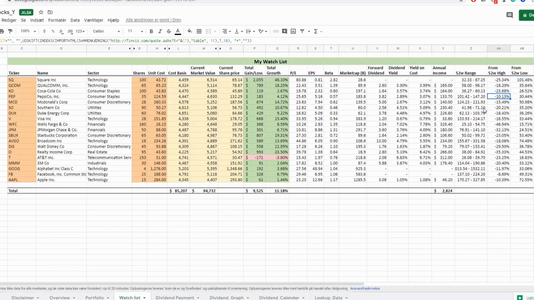On the right side, we can see how much each stock has fallen from its 52 weeks high and how much it has increased from its 52 weeks low. Based on this information, I get a quick overview of which companies look interesting, and if they fit my criteria, I will of course do more research on that company before buying it.